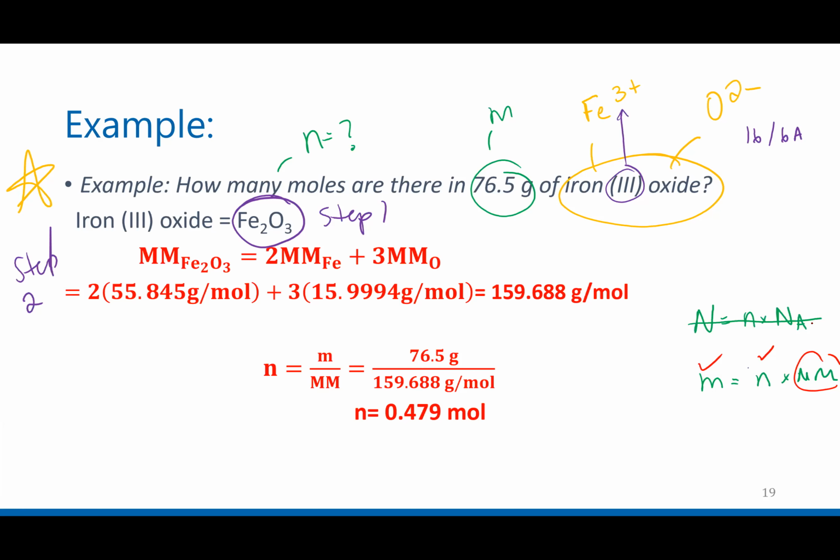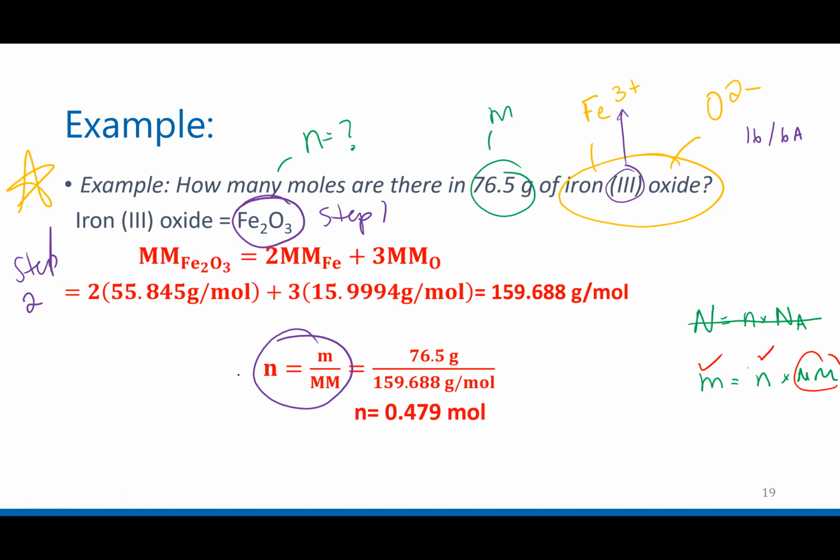Molar mass, like Avogadro's number, is a constant that you will always have. As long as you know the chemical, you know the molar mass. So I would obviously need to use this formula on the bottom here that I'll circle in purple. Right? The other formula doesn't work. I don't need particles. I don't need Avogadro's number.